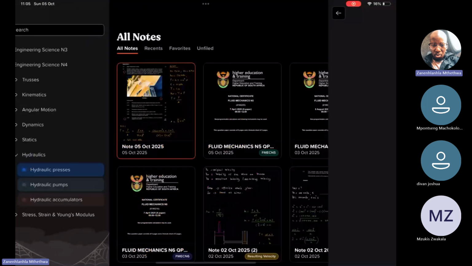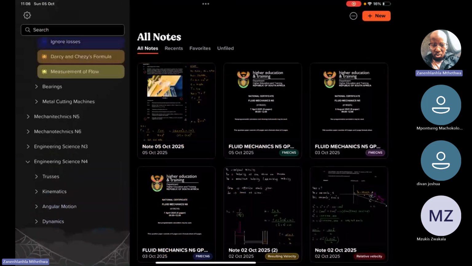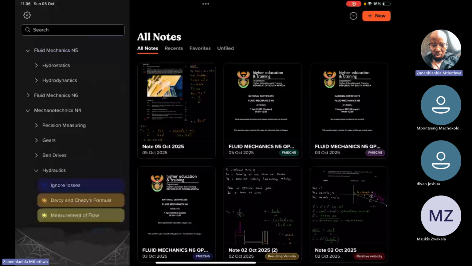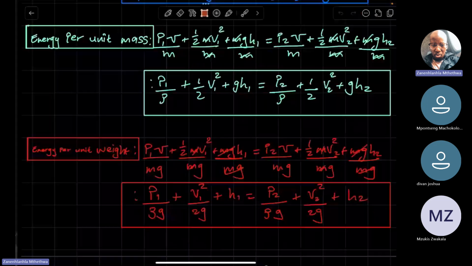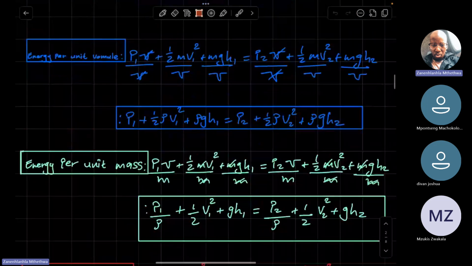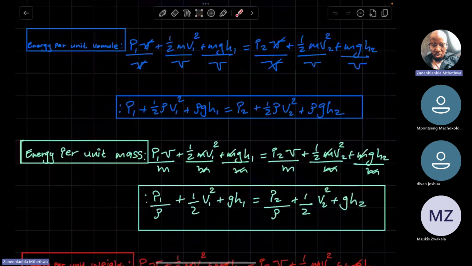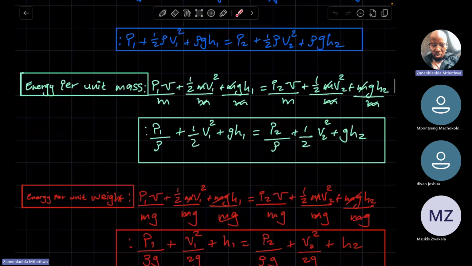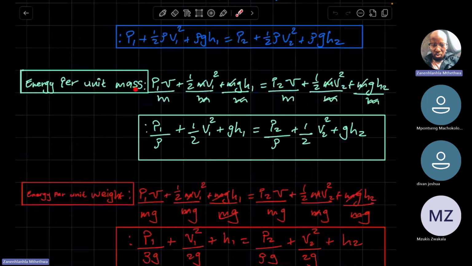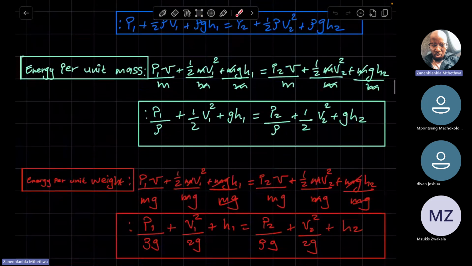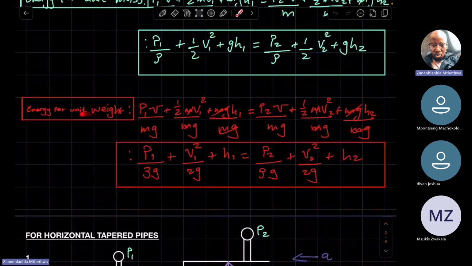Right? Let me just show you this quickly. Remember I said there's three ways in which you can express Bernoulli's equation, either by using the energy per unit volume, that is how you express it, or energy per unit mass, that is how you express the energy per unit mass, and then energy, this is the one I forgot, the energy per unit weight, and this is how you express it.